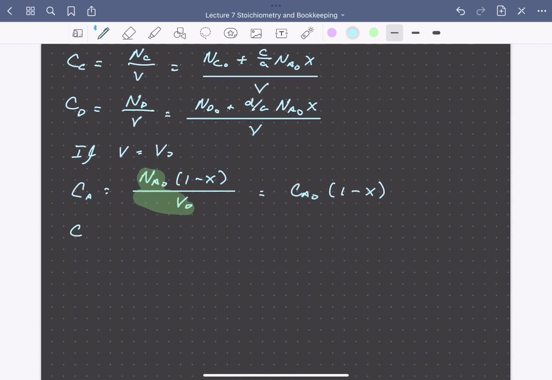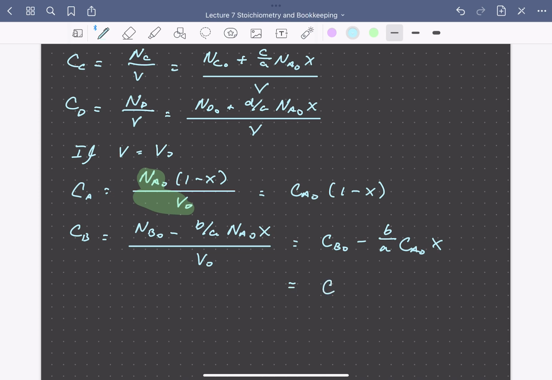Similarly for Cb, you can write Nb0 minus B over A times Na0 times the conversion divided by V0. And so this will be Cb0 minus B over A times Ca0 times the conversion. So we can express this a little bit differently.